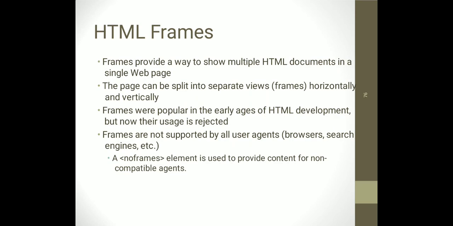Then HTML frames. So HTML frames are mostly used to provide a way to show multiple HTML documents in a single web page. So with these frames the page can be split into separate views or frames horizontally and vertically.